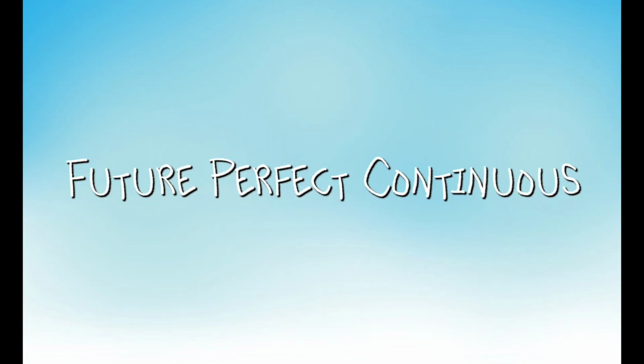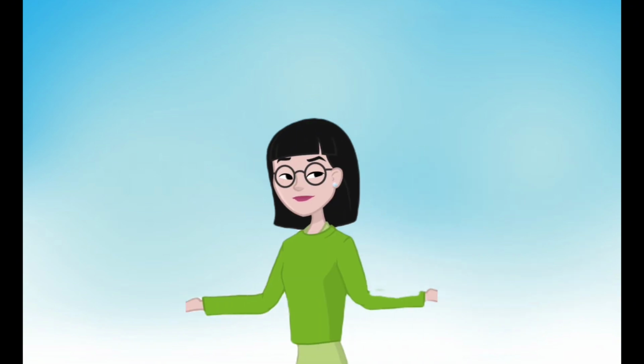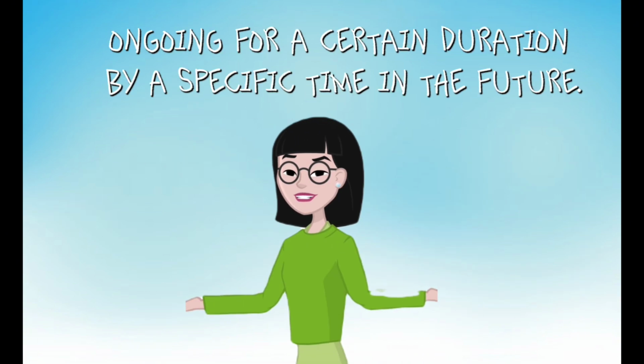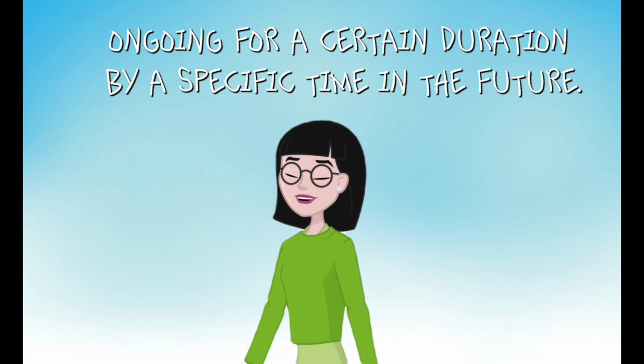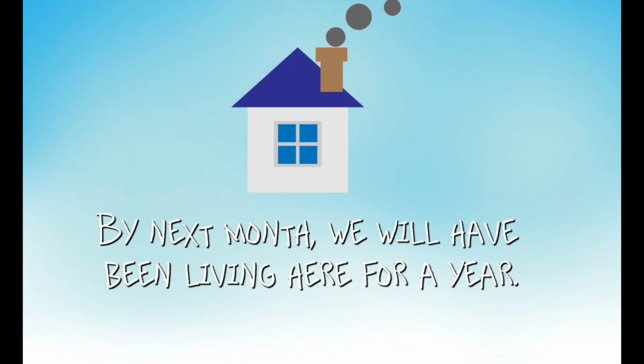And now, the future perfect continuous describes an action that will have been ongoing for a certain duration by a specific time in the future. For example, by next month, we will have been living here for a year.